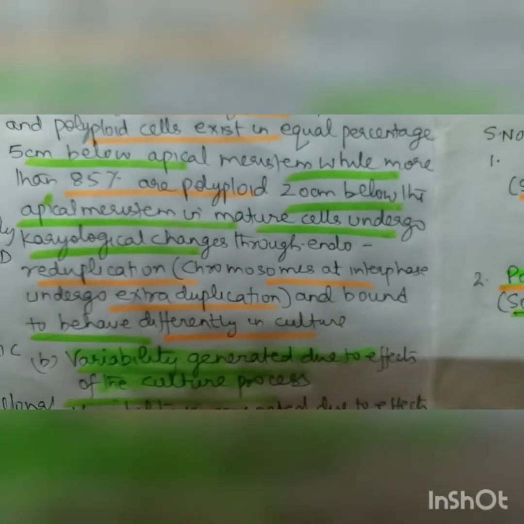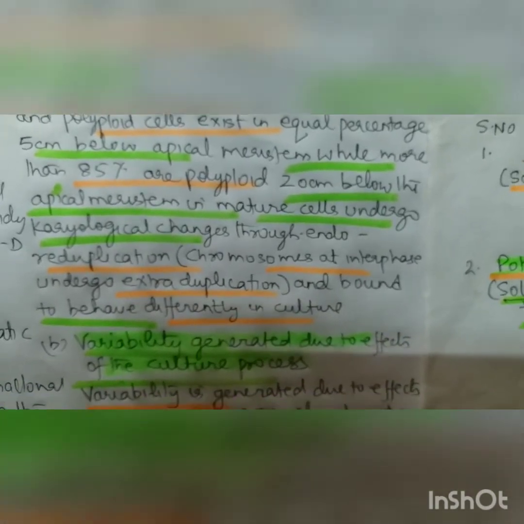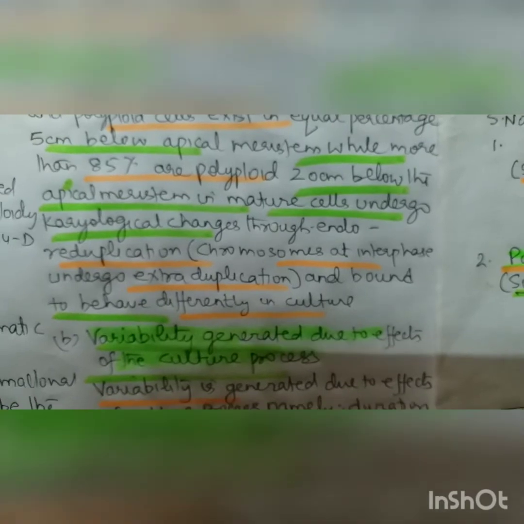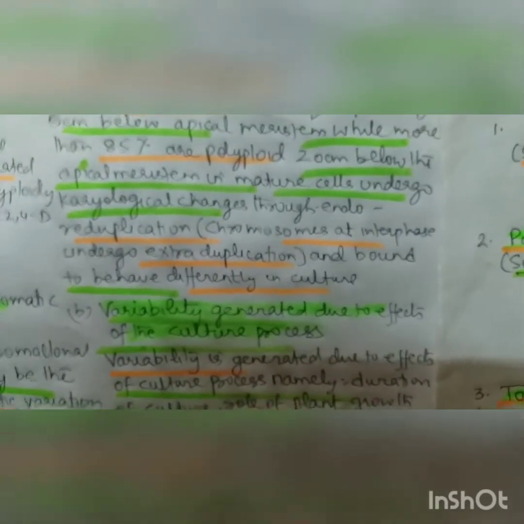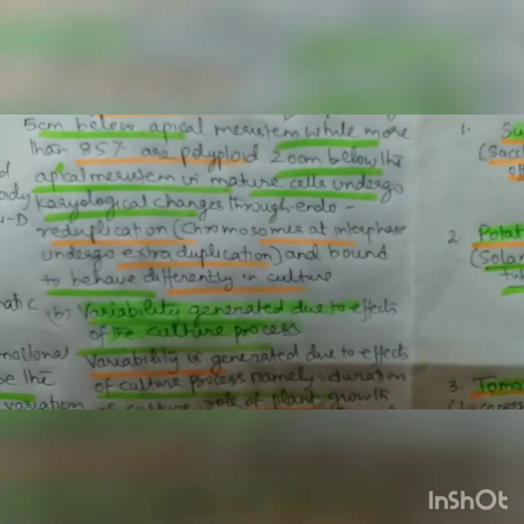The mature cells of the apical meristem undergo chronological changes, which I told you, through endoreduplication. The chromosome at interphase undergoes extra duplication and is bound to behave differently in nature. So we are supposed to get diploid, tetraploid or polyploid cells, and then somaclonal variations are there, right?